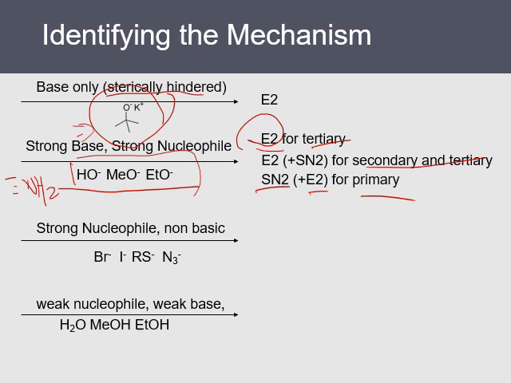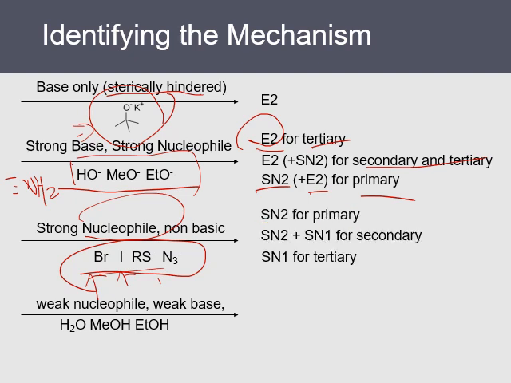Now, if the reactant is bromide or iodide, these are not bases. They don't like hydrogens. Instead, they like to attack carbons, so they are called nucleophiles. They are strong, heavier, larger in size, with negative charge, so they are strong nucleophiles. Strong nucleophiles will participate in SN2 reaction. They attack carbon directly.